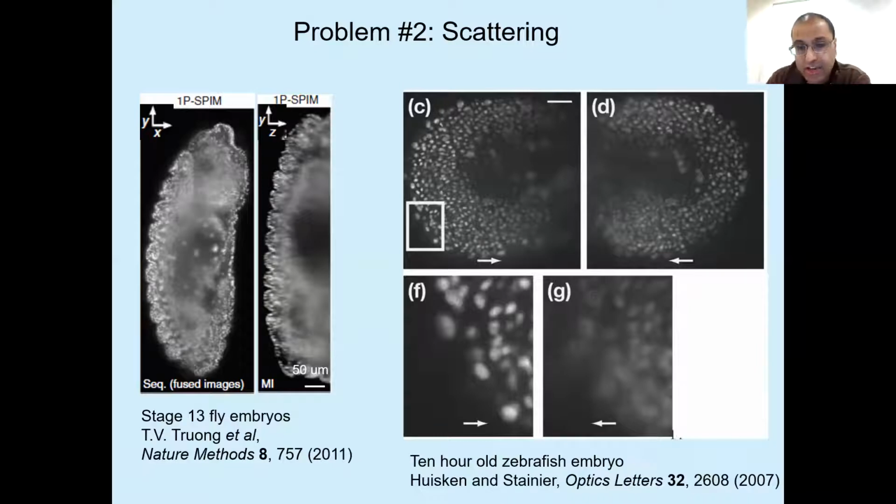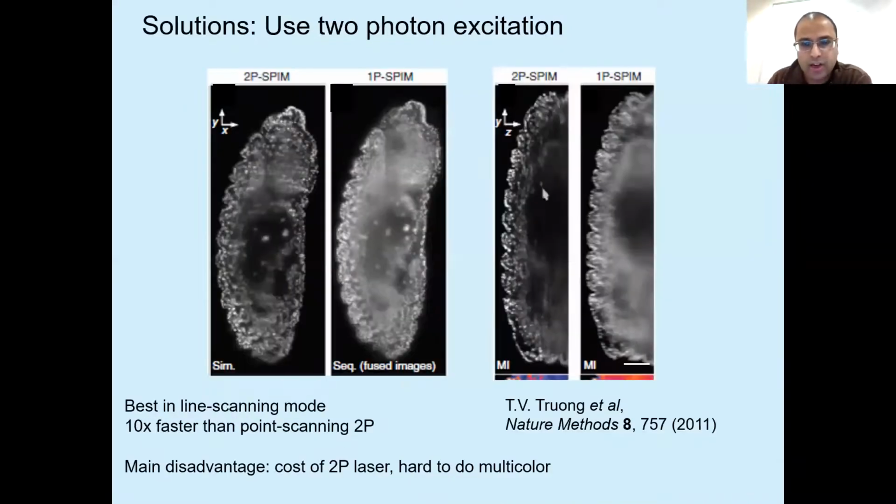There are ways of getting around this as well. One obvious idea is to use longer wavelengths and two-photon excitation. If you build a two-photon light sheet microscope, like a line scanning two-photon microscope, you get much clearer images in the Drosophila. If you compare the same sample in two-photon and one-photon, the illumination light has less chance to scatter because of the longer wavelength.